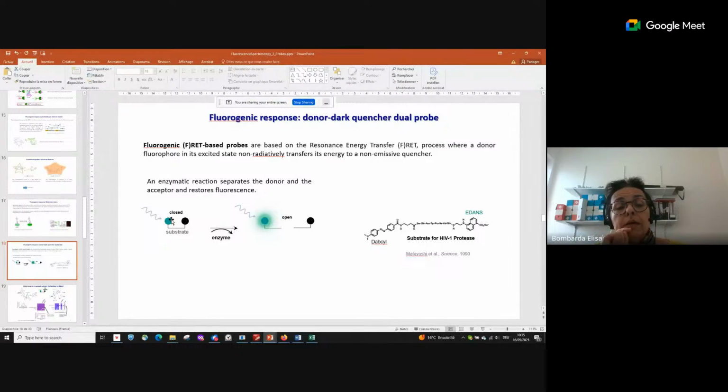It is not only the overlap that is important for transferring the energy by resonance, the distance also plays a role, as we were seeing yesterday.